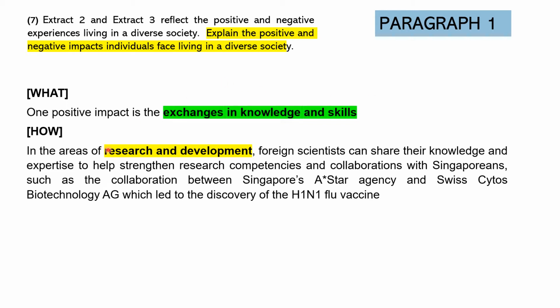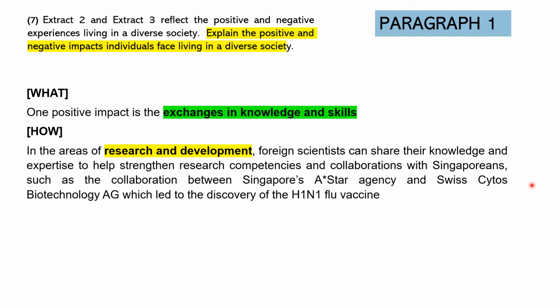Okay, and when they come to Singapore, they bring about certain talent, and in the area of research and development, this particular example talks about how foreign scientists actually collaborate with Singaporeans, and they managed to find the H1N1 flu vaccine.